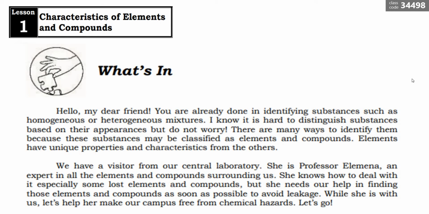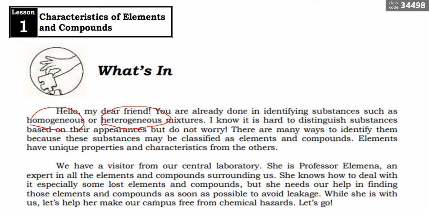Lesson 1. We're going to talk about the characteristics of elements and compounds. What's in? Hello, my dear friend. You are already done in identifying substances such as homogeneous and heterogeneous mixtures. I know it is hard to distinguish substances based on their appearances.